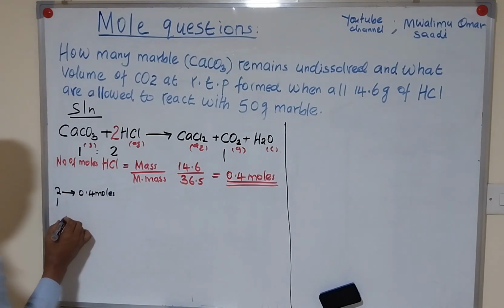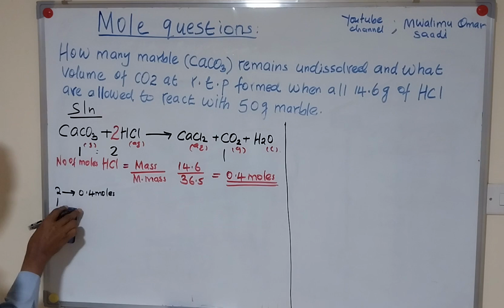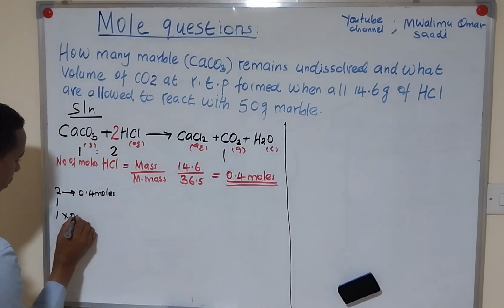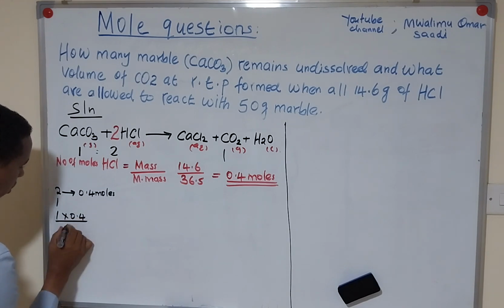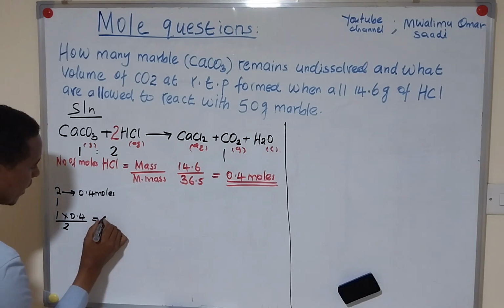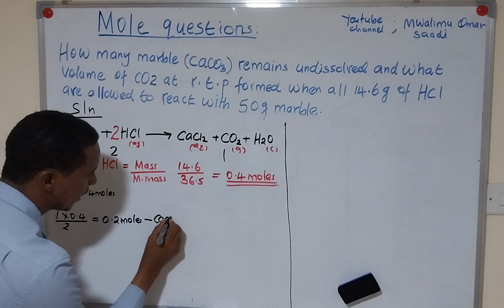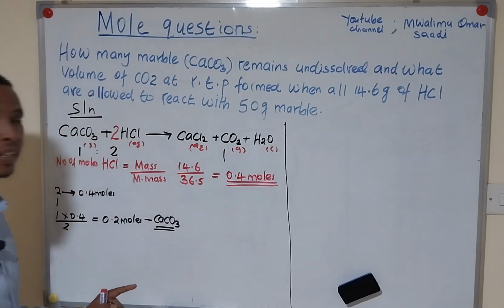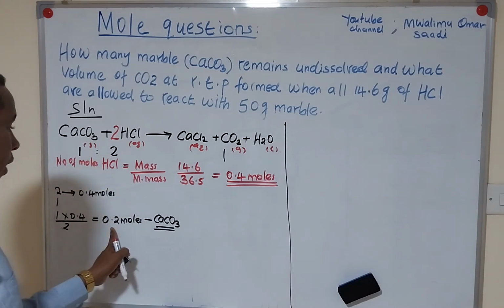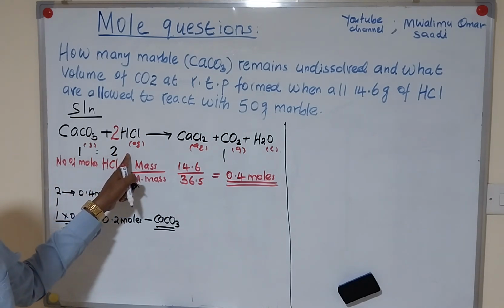That is 1 times 0.4 all over 2, which gives 0.2 moles. So the number of moles of calcium carbonate is 0.2 moles.